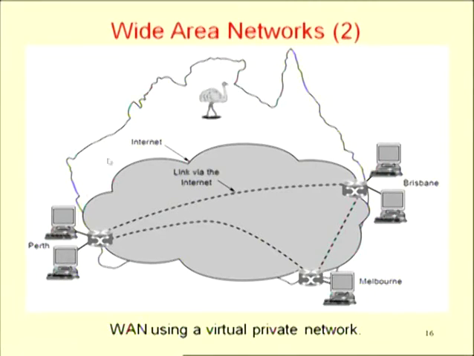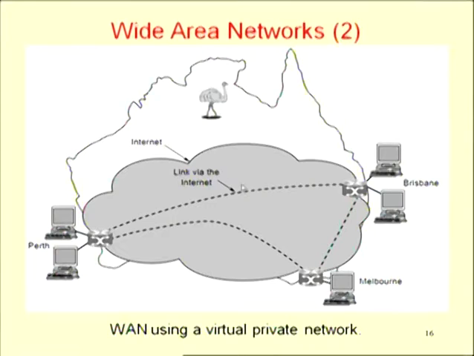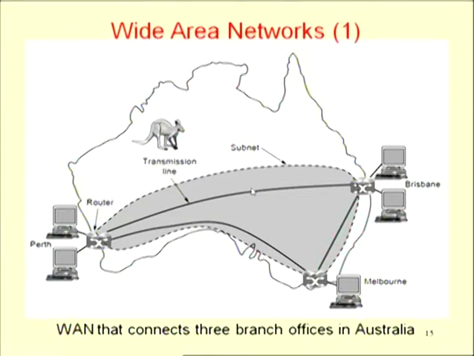This is showing you wide area network again, wide area network using virtual private network. Okay, in the previous case we saw that all of these are connected with each other and creating a subnet. But here that subnet is considered as the internet. Anytime we say that we are on the internet, it automatically implies that all those devices which are connected to the internet are accessible.